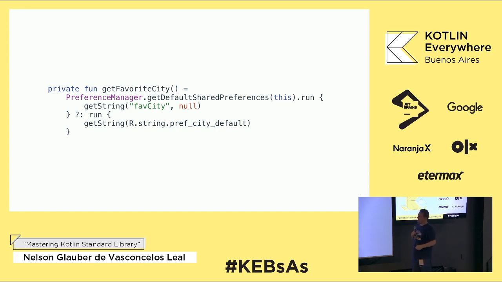And you can ask me, Nelson, can I use the getString directly here? Yes, you can. It's just simple to demonstrate the two run functions. But imagine if you have more lines here, this code will be more readable because you are creating a scope for the preference manager and also another scope for when you don't have a preference set. Okay?